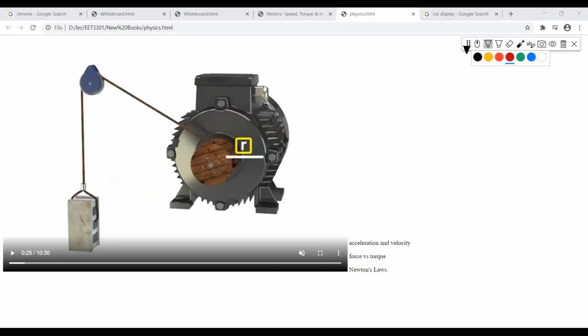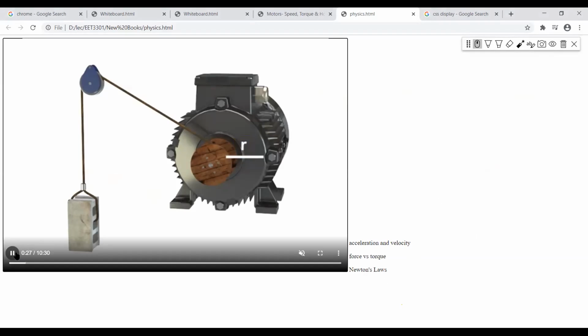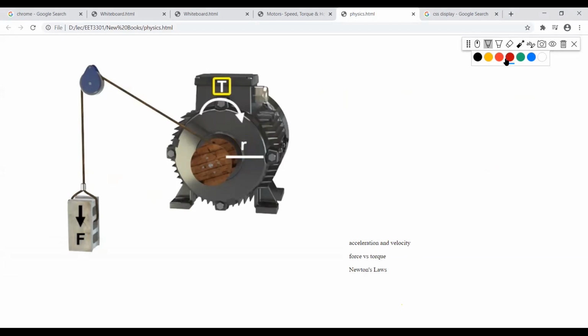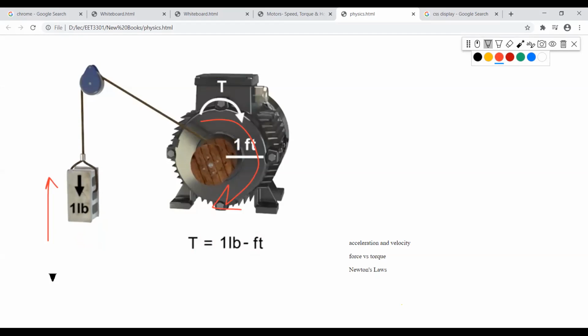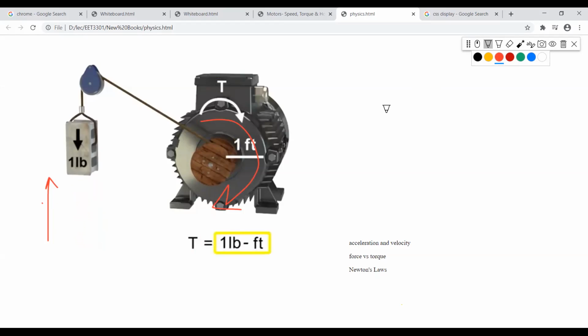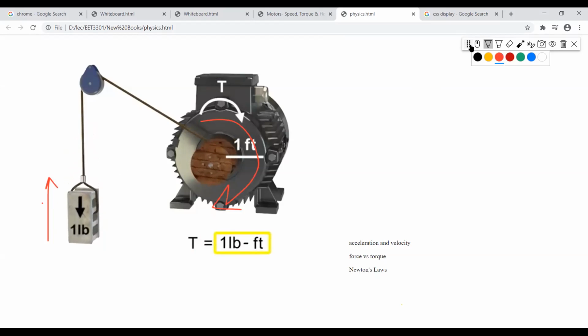Going to our next part. Now, as you can see, this load is going to move upward as this motor rotates.